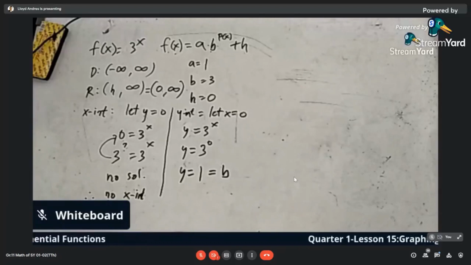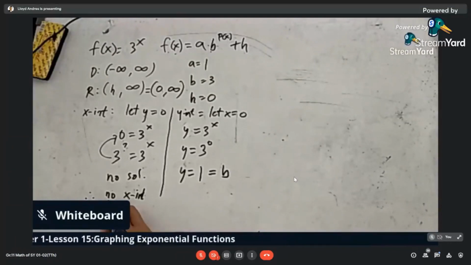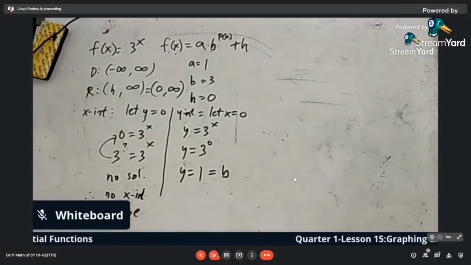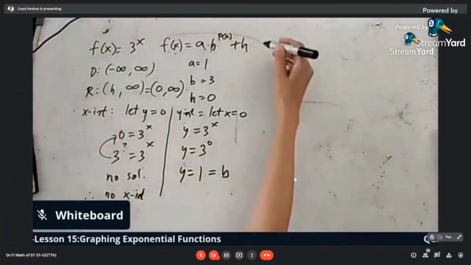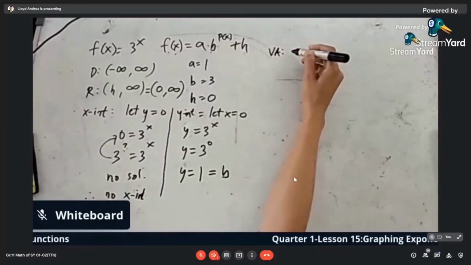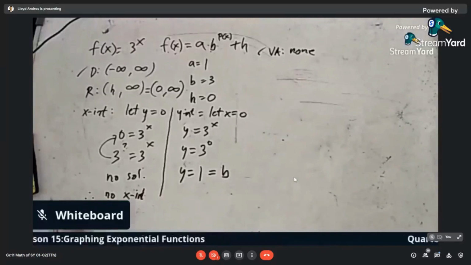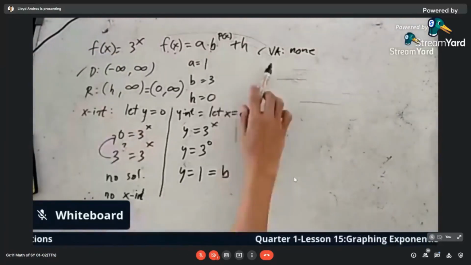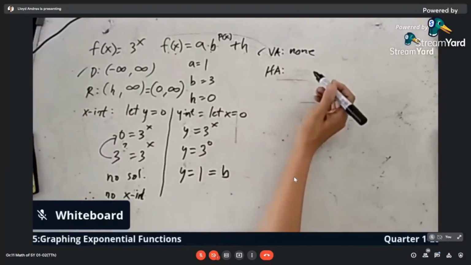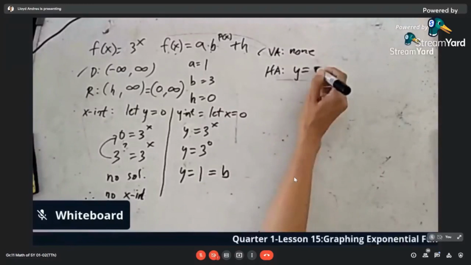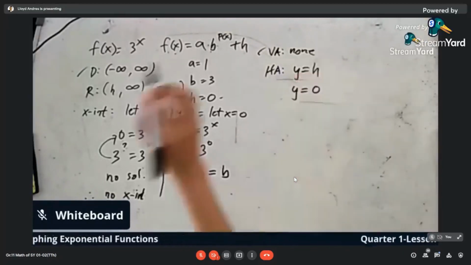For the vertical asymptote, there is a fixed pattern. Like the domain, the vertical asymptote is always fixed, there is no question. For an exponential function, the domain is all real numbers, and the vertical asymptote is all real numbers too. Then the horizontal asymptote: the pattern is just y equals h. Since our h is 0, therefore our horizontal asymptote is y equals 0.